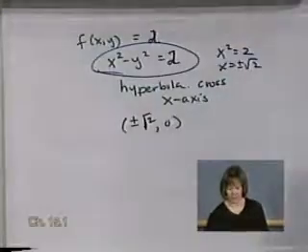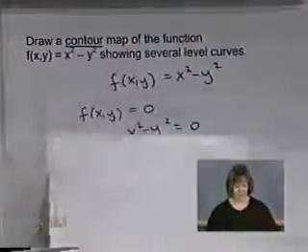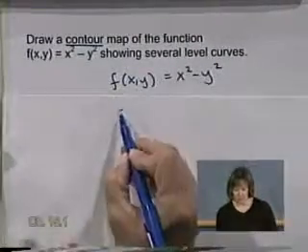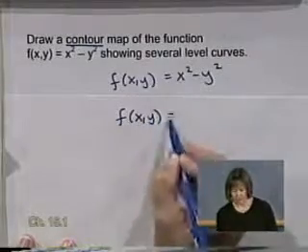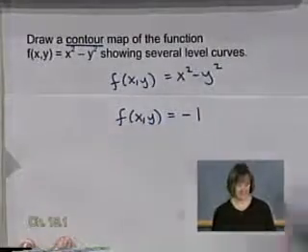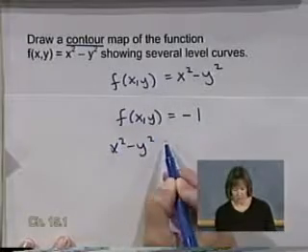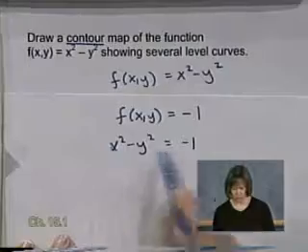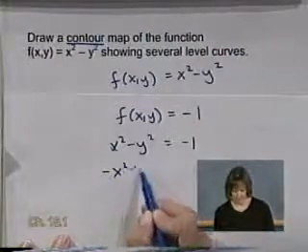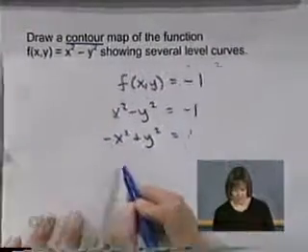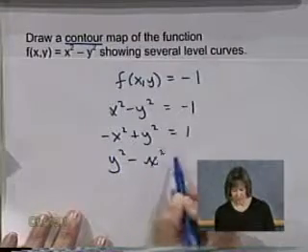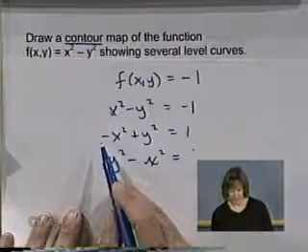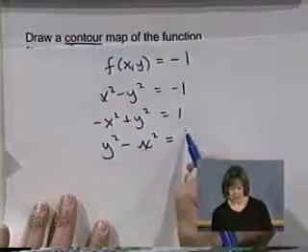No? Okay, let's look. So far, I've only done level curves for zeros and positives. What if I want to get a level curve for f of xy equals a negative 1? I get x squared minus y squared equals a negative 1, which, if you multiply through by a negative, gives y squared minus x squared equals 1.